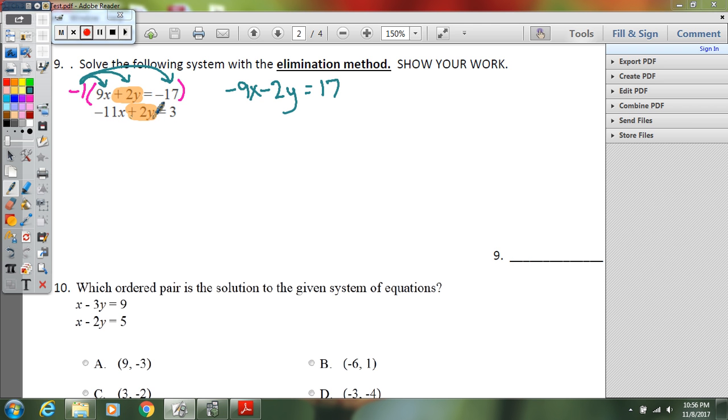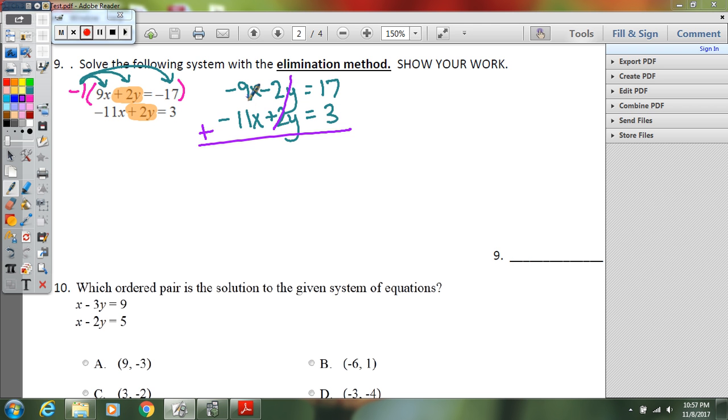Now, bring your bottom equation over. Negative 11x plus 2y equals 3. Notice I didn't change anything in my bottom equation because right now if I add these, the negative 2y plus 2y, those are going to get me 0. So they're going to cancel.